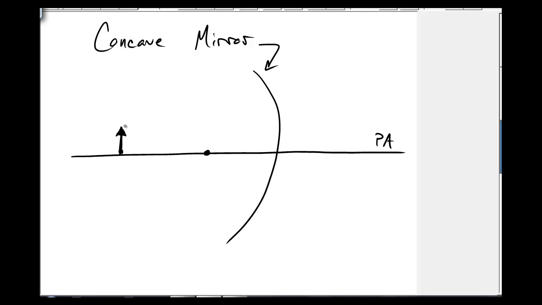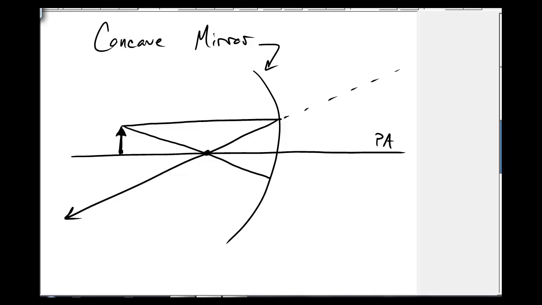I'm going to follow the same rules. I'm going to go parallel. I'm going to go through F. Remember, virtual is dashed, real is solid. Then I'm going to go through F, and then I'm going to go parallel. What do you notice about my virtual lines? Will they ever intersect? They're not going to meet.